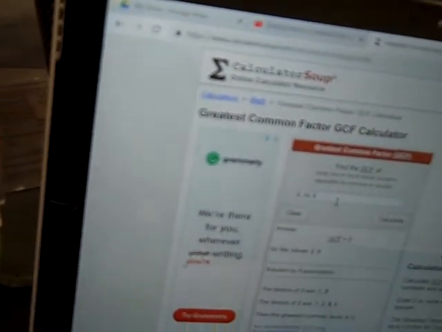Okay, last one. 8x second plus 34x of first minus 30. Okay, so the greatest common factor, that's what a GCF stands for. You don't have a negative in front. You don't have x on everything. 8, 34, and 30. Give me 2.